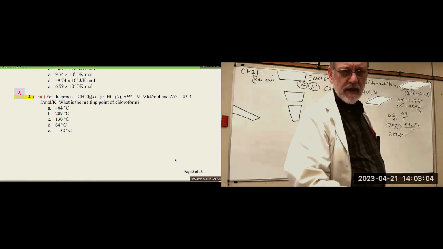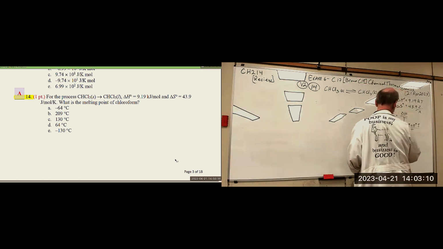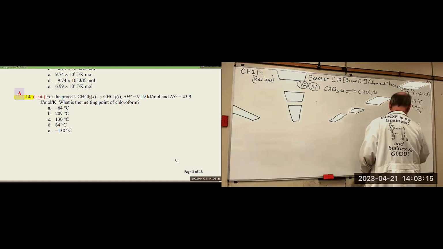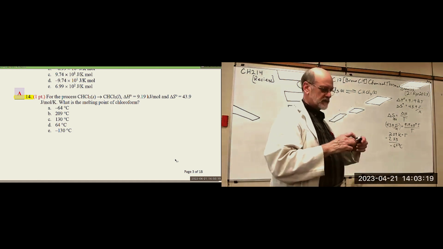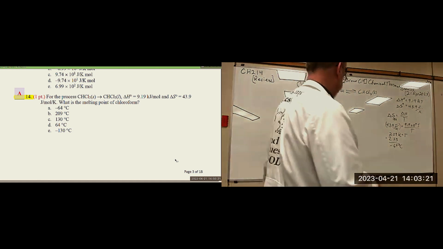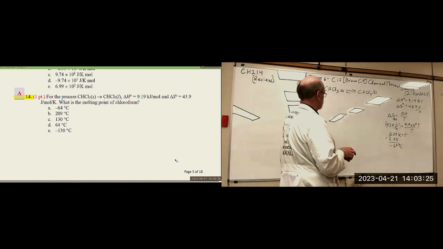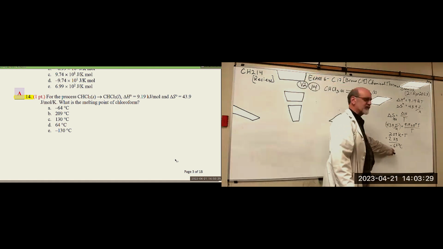Let's see, they want it in degrees C. So minus 273. All right, so that would be minus 64 degrees C. Okay. Now, that starts to concern me for a minute. I've never seen chloroform solid before, but it has to be pretty cold.